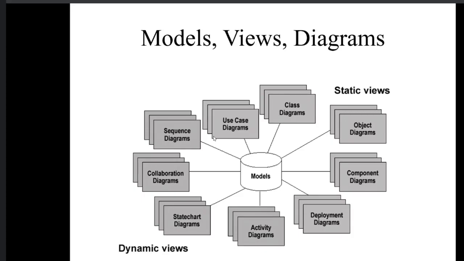However, collaboration diagram, state transition diagram, sequence diagram, and activity diagram will be considered dynamic views, where we usually show what will happen if some event occurs. In static diagrams, we just show the actual thing: these are the classes or objects, they are related to each other, these functions are there, these functions can be called, and these will be the output.